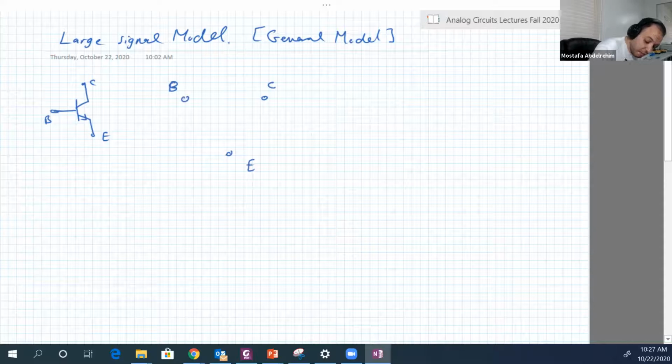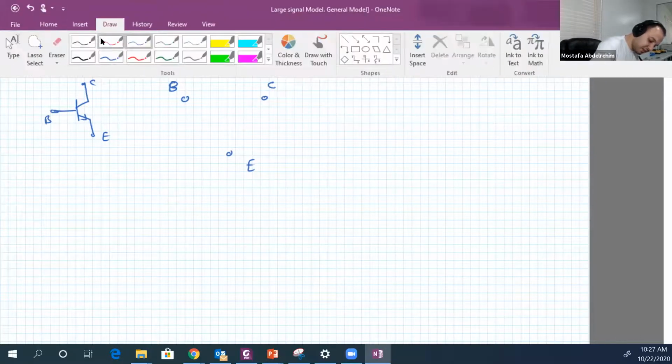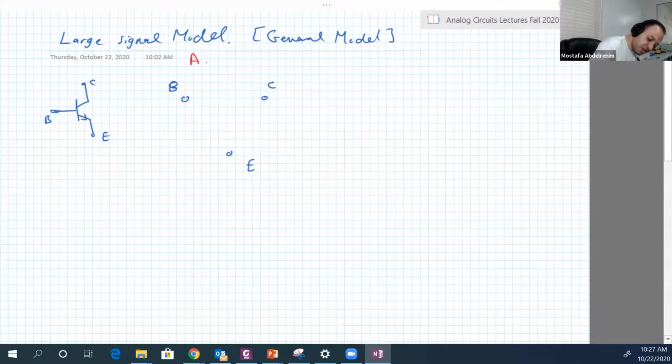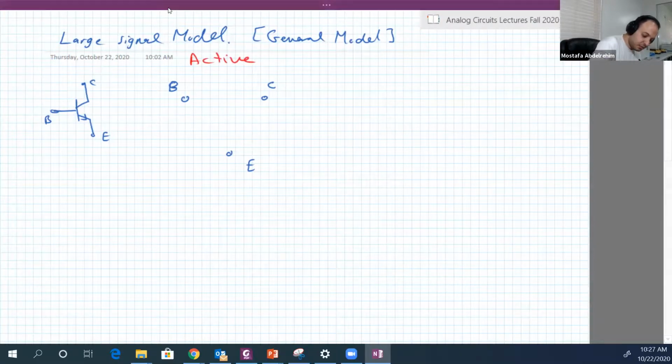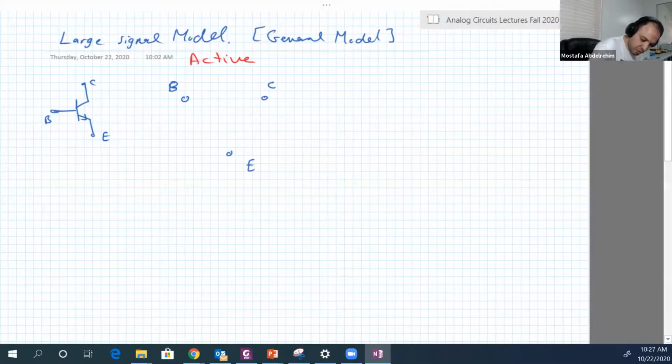Between the base and the emitter, in the active region, let me write this: this is for the active region. We have a forward junction, so it can be represented by a diode, and the voltage is VBE.